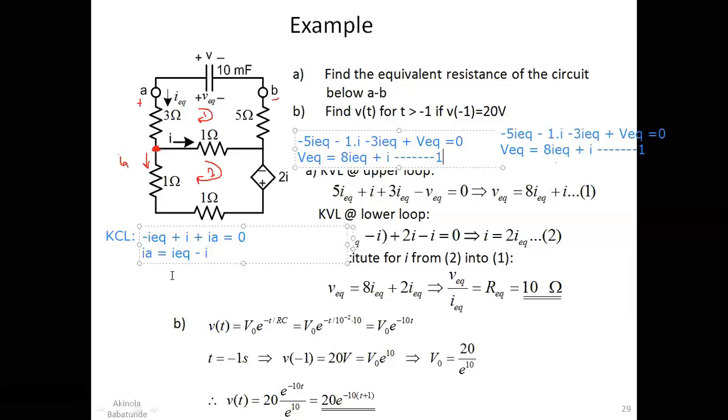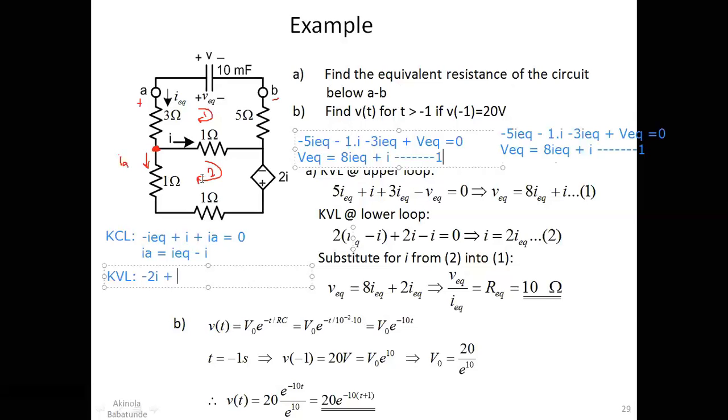Okay, so once we have this, we can then go ahead and apply our KVL, right? For the KVL in the second loop, what we're going to have is minus 2I, then plus, now the current passing through this 1 ohm here will be the same current passing through the second 1 ohm at the bottom here. That current is actually against the loop current that we created.